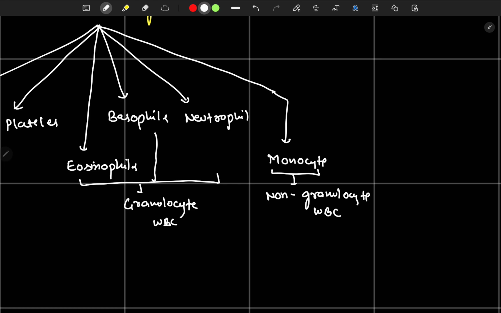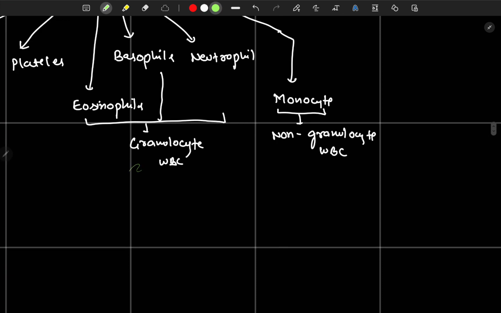What do granulocyte and non-granulocyte mean? Granulocytes are WBCs which contain granules in their cytoplasm, visible under the microscope. That's why we club them together as granulocytes, which contain basophil, eosinophil and neutrophil. I remember this with the mnemonic of G-Ben. We have seen Ben 10 a lot.